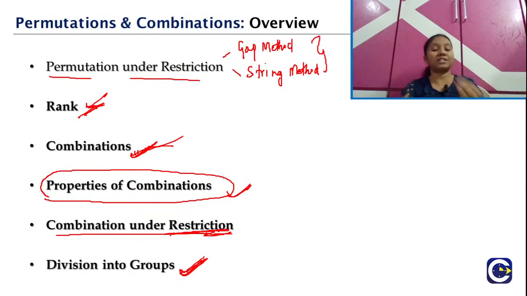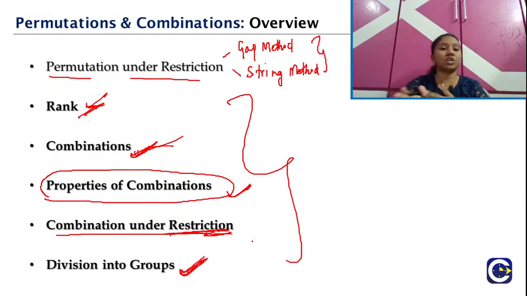Basically, what is the formula difference, and what are the words which trigger permutation and what are the words which trigger combination. So these are the typical differences between permutation and combination, and we'll take a look at that also. These are the concepts overall that we are going to cover in today's session of permutations and combinations. As I mentioned, we are going to start with finding the rank of a word.